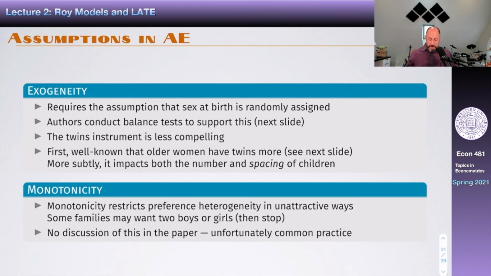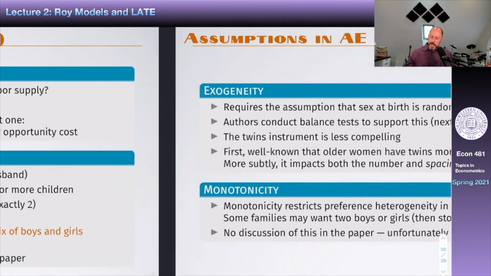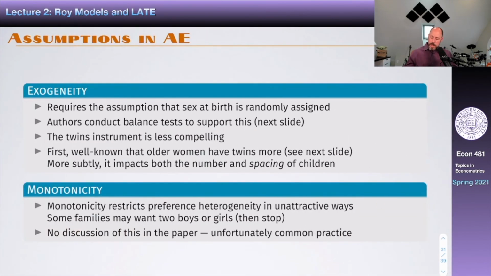But anyway. And then monotonicity. So here, what is monotonicity? Monotonicity restricts preference heterogeneity, here in unattractive ways, I would say, even if you believe these stories. Remember, the instrument is 1 if the first 2 children had the same sex, so you're essentially saying that D1 is greater than or equal to D0.